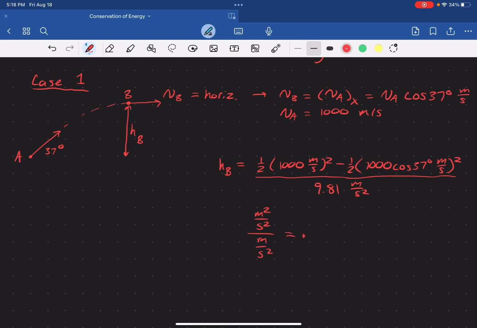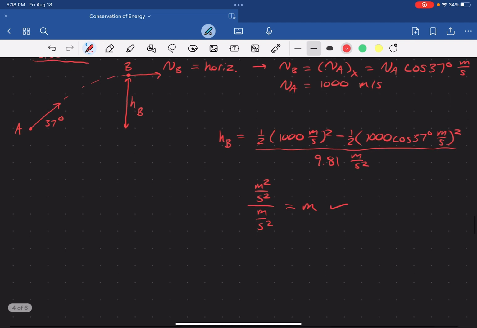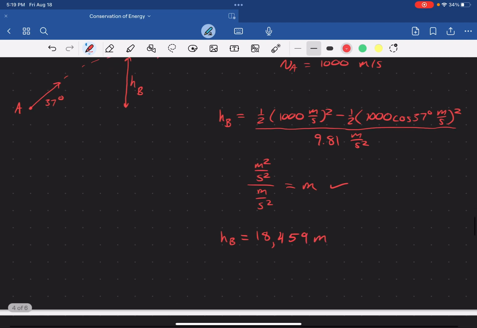This is going to give us meters, which is correct. So our height, point B, is going to be equal to about 18,459 meters, or you could say it's about equal to 18.5 kilometers.